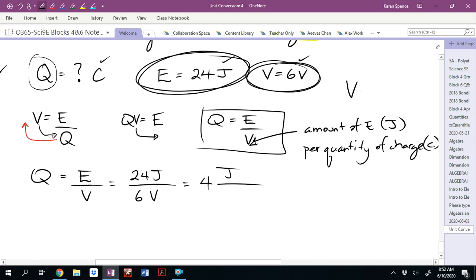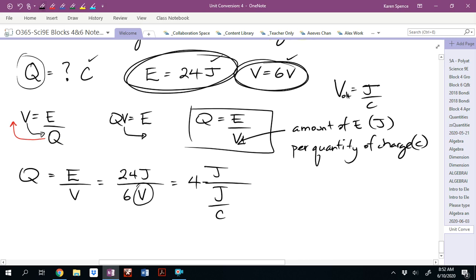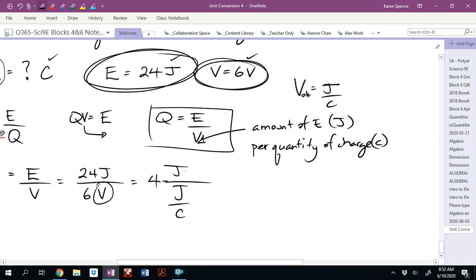So a volt is a joule per coulomb. So volts, I can substitute, instead of volts, I can substitute joules per coulomb. Okay, so now we have joules over joules per coulomb.